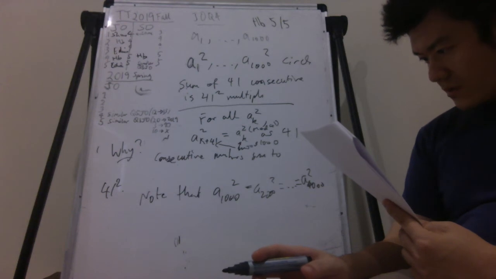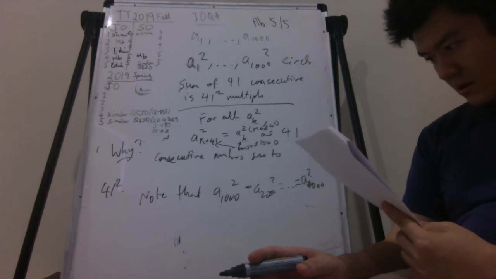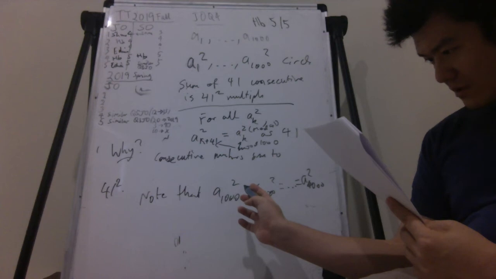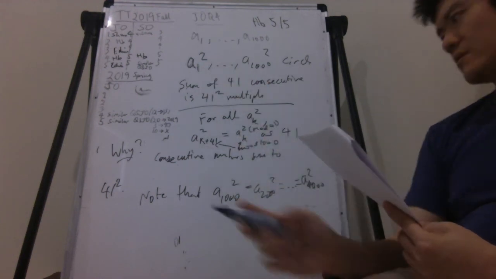Considering multiple cycles of a squared k plus 41n. Okay, and there's an arrow pointed to this saying, let this denote the 41st time we have gone around the circle. Oh, okay. I see.